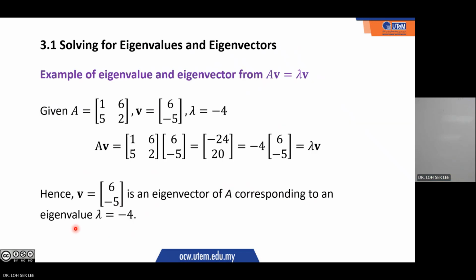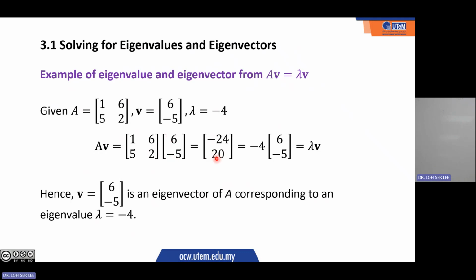Now this is an example that shows how the matrix, the eigenvector and the eigenvalue satisfy this relation. A times v: this is matrix A and vector v. When we multiply these two, we use row times column, we get this, and then row times column again, we get this.